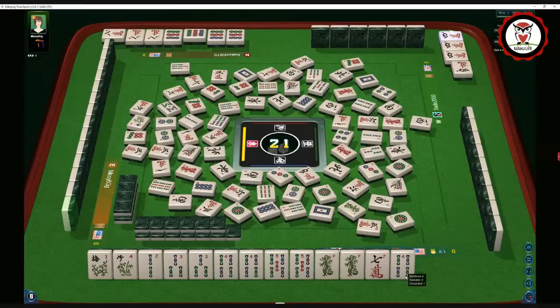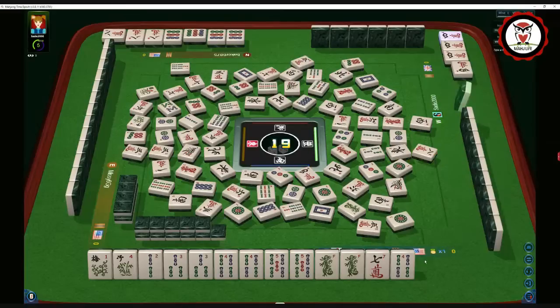We need to draw well in this end game here. We need a keeper out of this wall. Joker keeper. 8 crack. Oh, it's out in a pung over there. 8 characters. 3 dots. 7 dots.